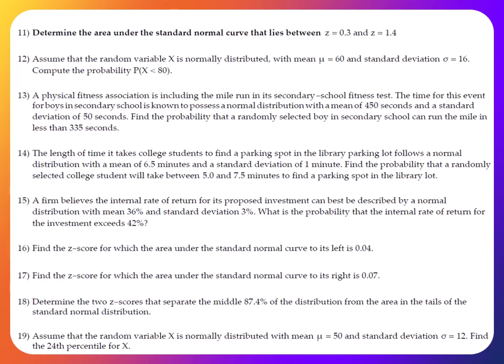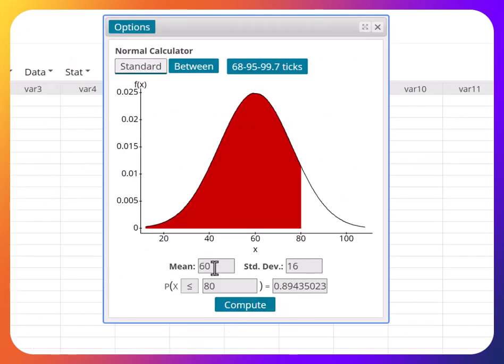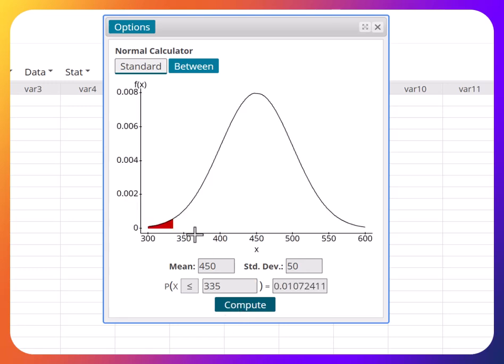So I'm going to show you how to do that in StatCrunch. 450 for the mean, 50 for the standard deviation, less than 335, and you get the answer. There you go. 0.0107. That is the probability. Probability of x less than 335 equals 0.0107.